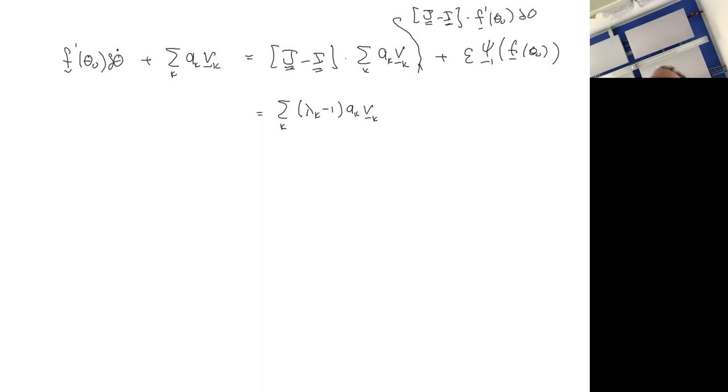That term goes in here that I forgot. So we can write this as J minus I dot F prime of theta naught delta theta plus epsilon psi 1 of F of theta naught.